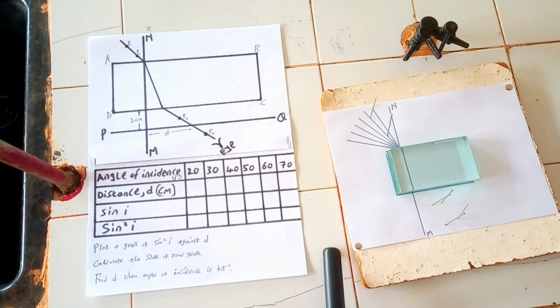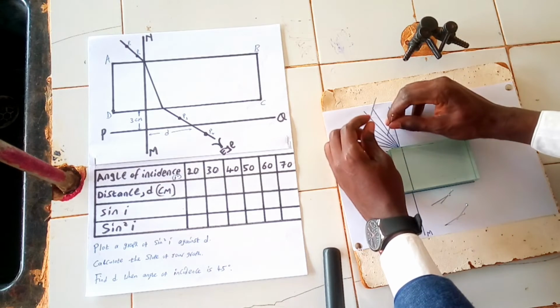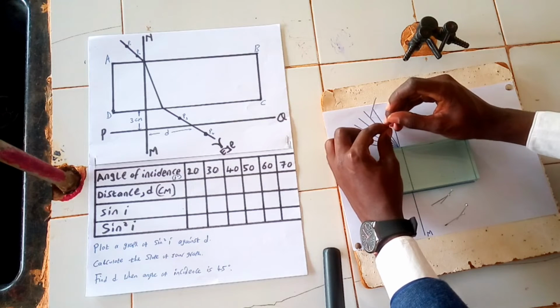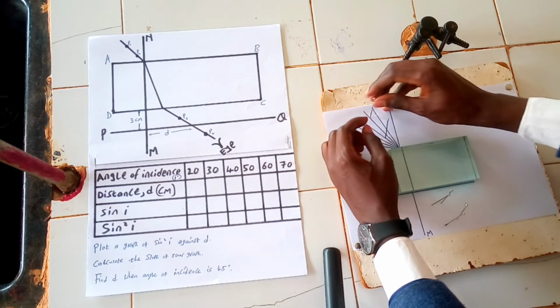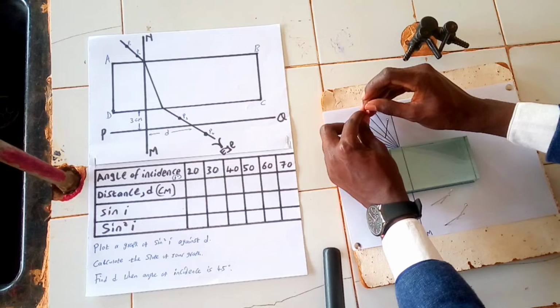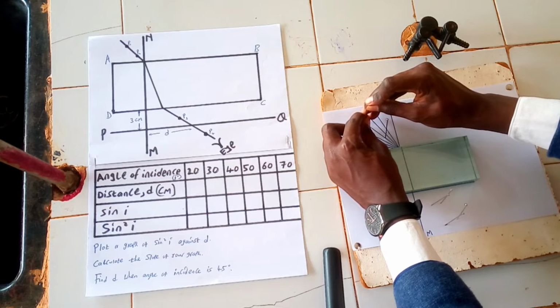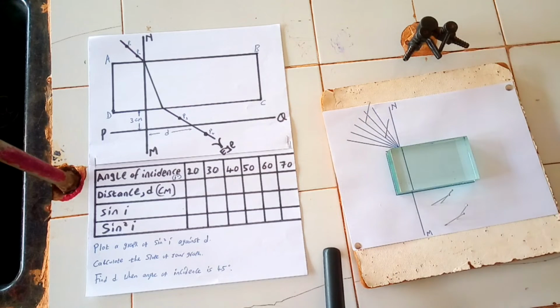So we have the pins there for the angle 30. Let me go to the angle 40. Remember, you can only do this when you have enough number of pins. That is the angle 40. So let me search for the other angle 40.